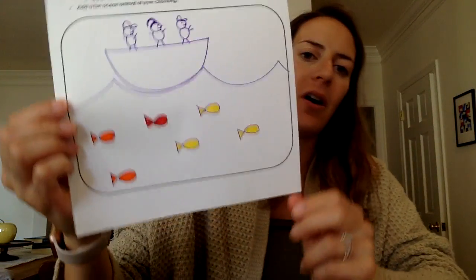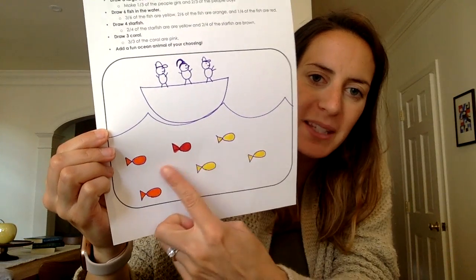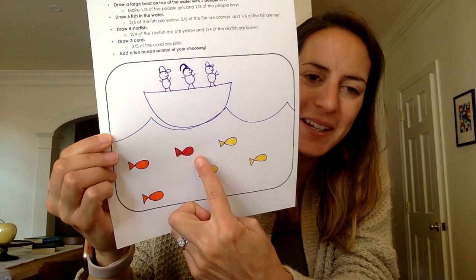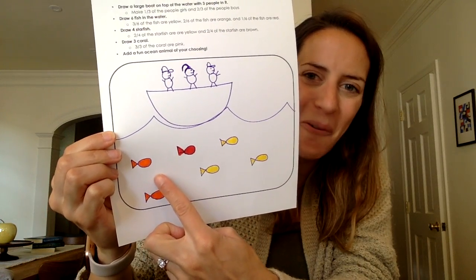And 1 is red. So my whole, in this case, is 6. 6 out of 6 makes 1 whole. 6/6. 3/6 yellow, 1/6 red, 2/6 orange.